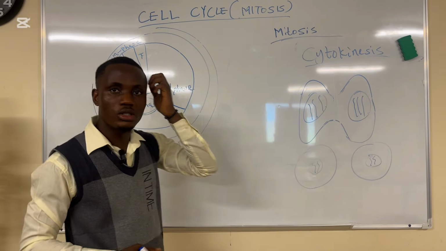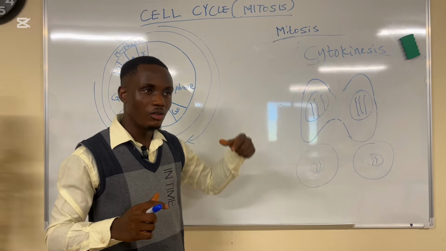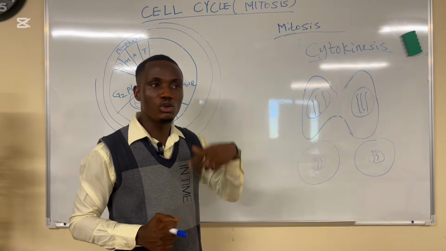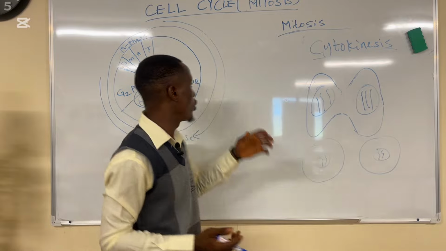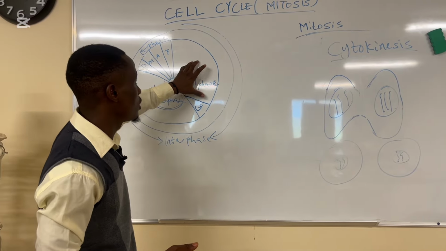So in conclusion, cell division just deals with a cycle of events that occur within a particular cell, from the point when it is produced to the point when it will also produce another cell. That is the cyclical events that occur within a cell. That's what we refer to as cell cycle.